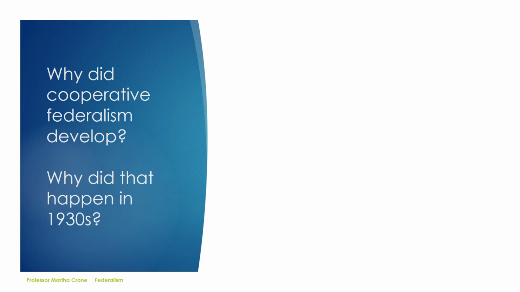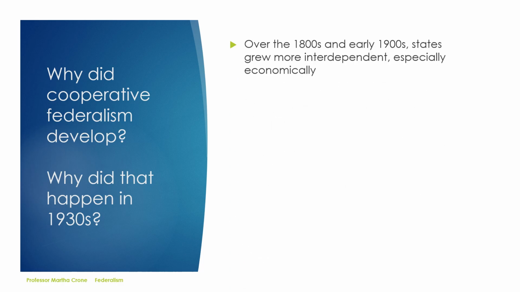So why did cooperative federalism develop, and why especially did it develop in the 1930s? In the early part of our country, states were very independent from each other. But as time went on, technological advances made it easier to communicate between the states and easier to transport items between the states.